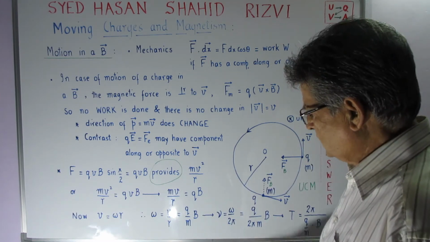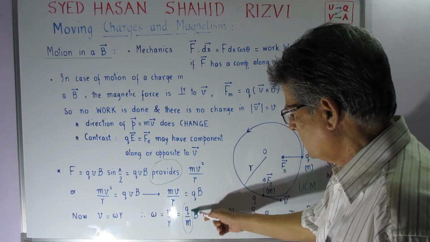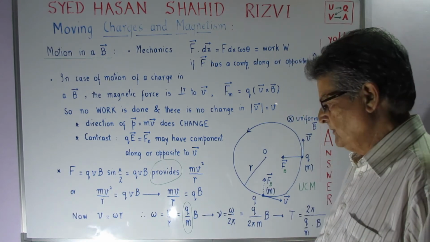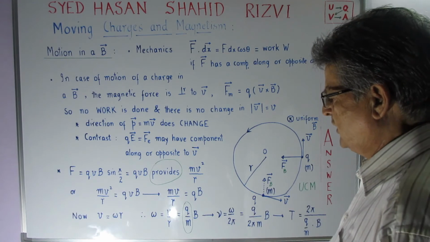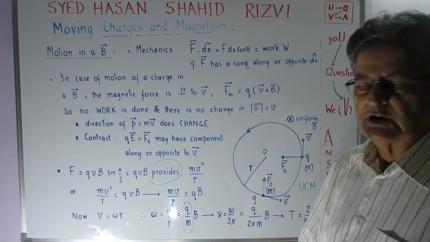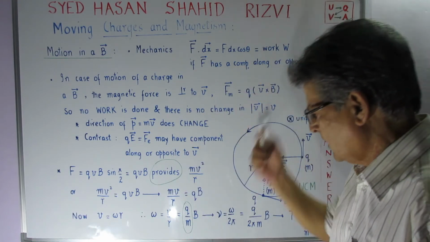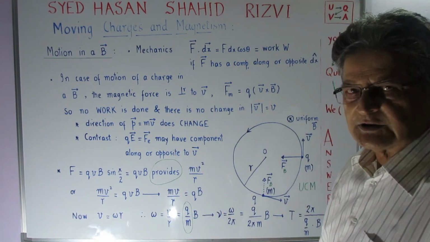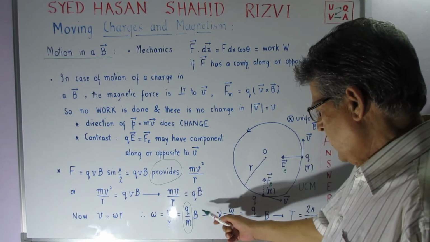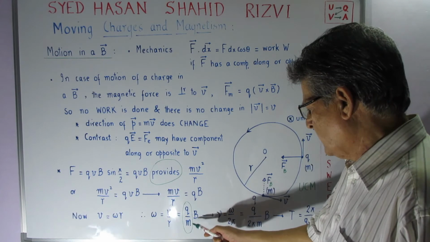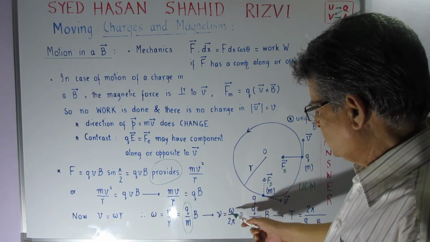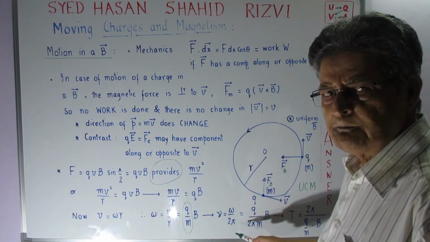Now this Q by m is a very important thing, very specific to all charges. Sometimes this Q upon m is called the specific charge of an electron, of a proton, etc. So this omega is now dependent upon the value of B. And you know that the frequency is equal to omega upon 2 pi.